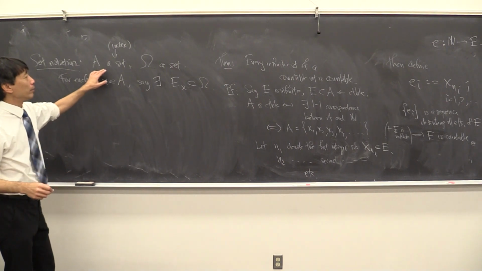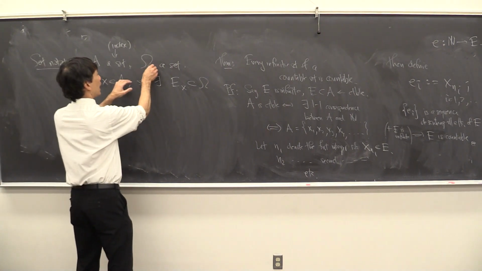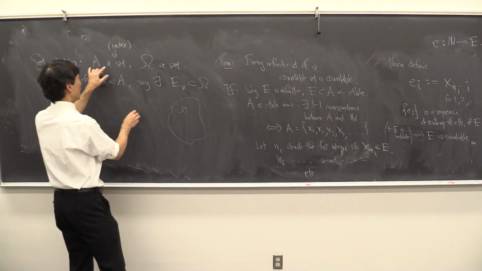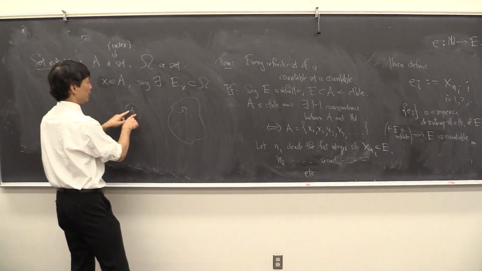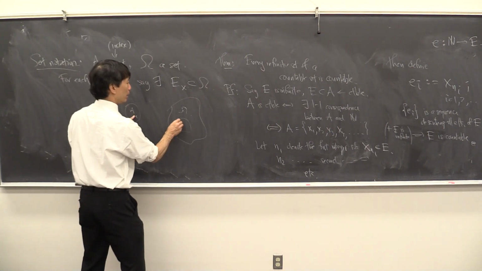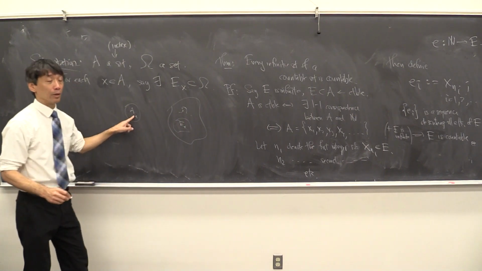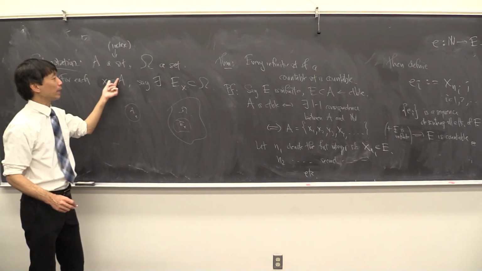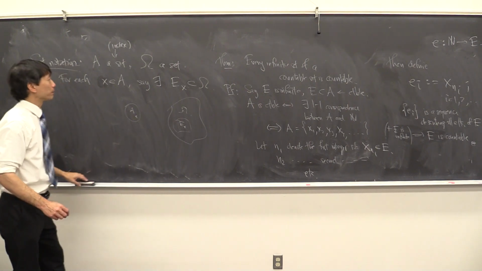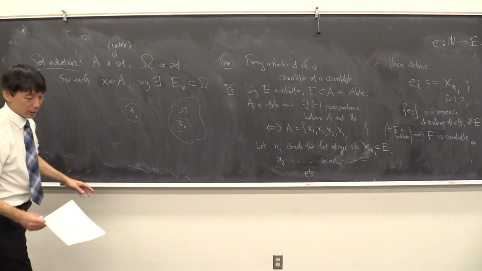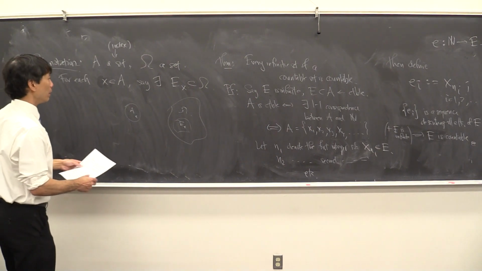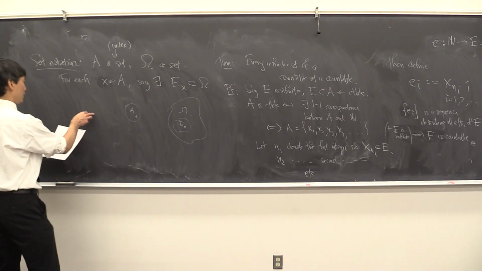You've got an index set, and then you've got this ambient space, your space Omega. And then you've got this set A, which is basically a way of specifying which set you're talking about: to every point x in A there corresponds a set E sub x.